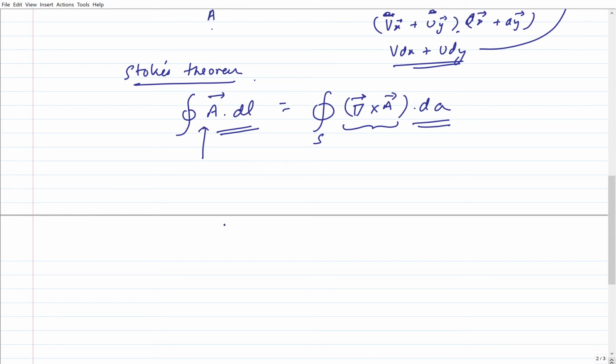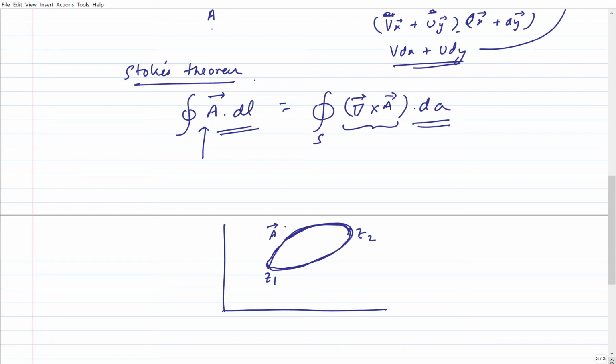So I have a vector field from z1 to z2, and let's say I have a loop, and my vector field is defined over this particular loop.